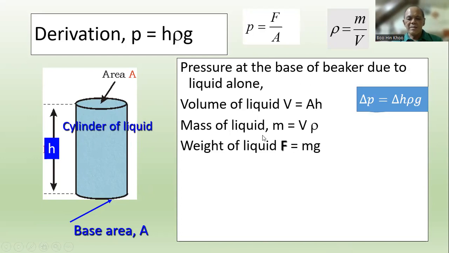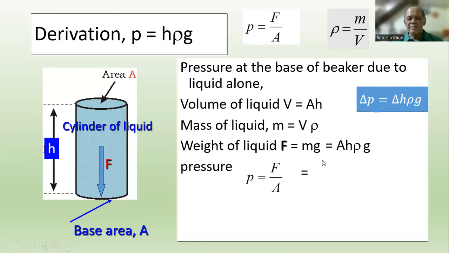Weight is mg. And m, we have got that: V rho g, where V is Ah, times g. So the pressure equals the force over area, that force divided by the area.